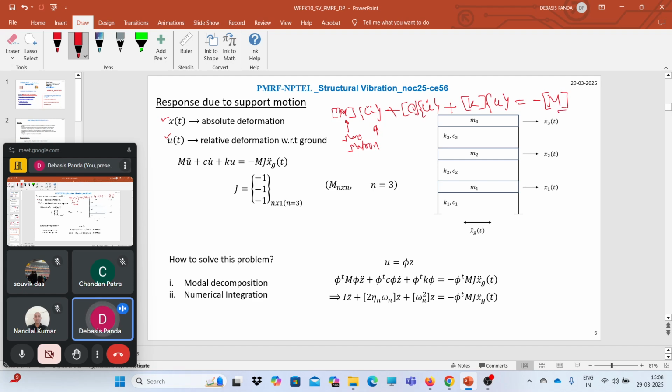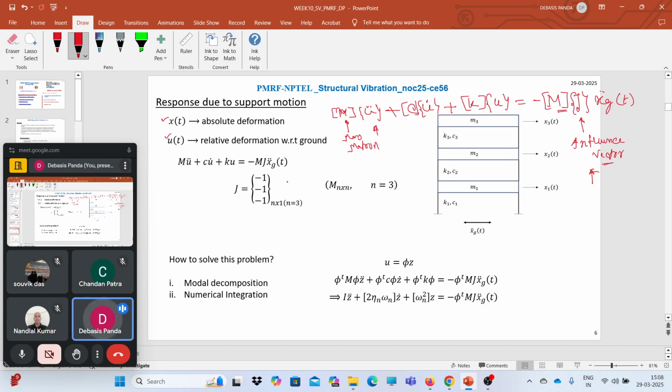For a single degree of freedom system, only one mass was there, that's why we wrote it as mass. Here we have the mass matrix, and then we have the influence vector and xg double dot of t. This equation of motion you can easily formulate. Now here, j is the influence vector that dictates how the forcing function will act on each degree of freedom, right?